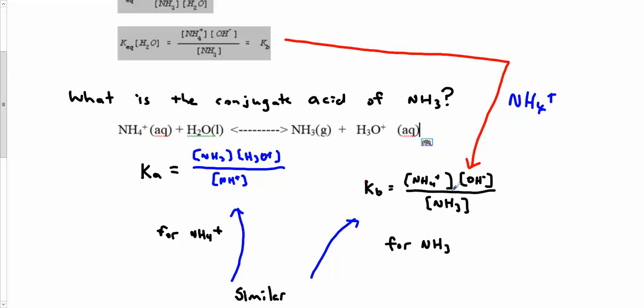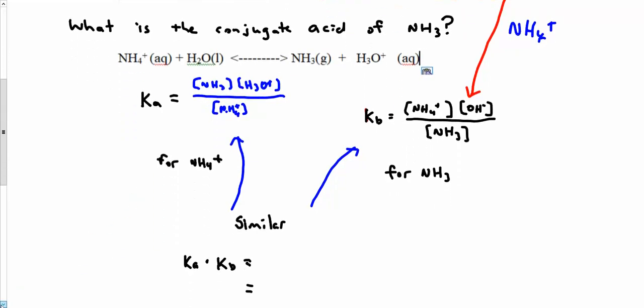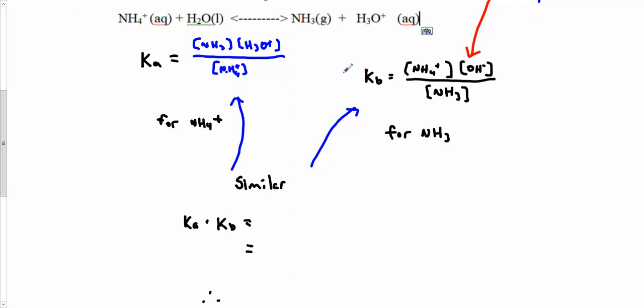Now let's take a good look at these things. I got NH3 on the top over here, I got NH3 on the bottom over here. NH4 plus on the bottom, NH4 plus on the top, and on the top I got H3O plus and OH minus. And they look similar, kind of like inverses of each other a bit. So if I multiply this times this, I would get cancellation, true?